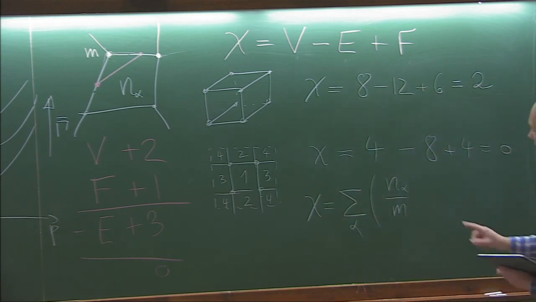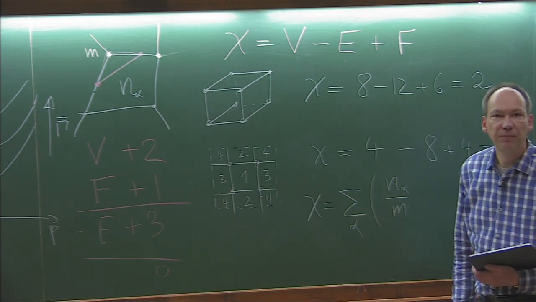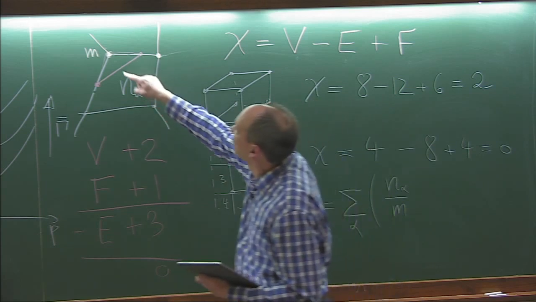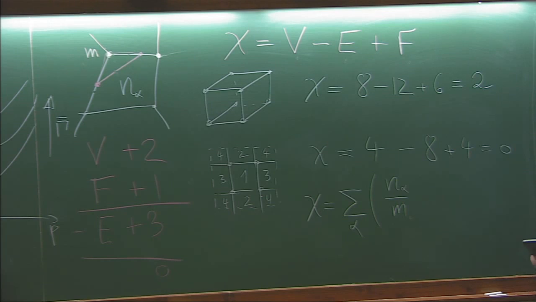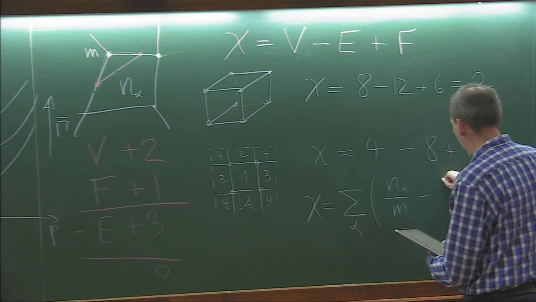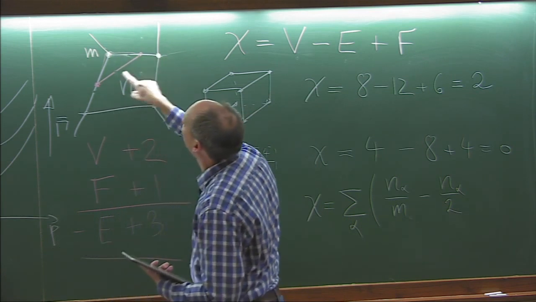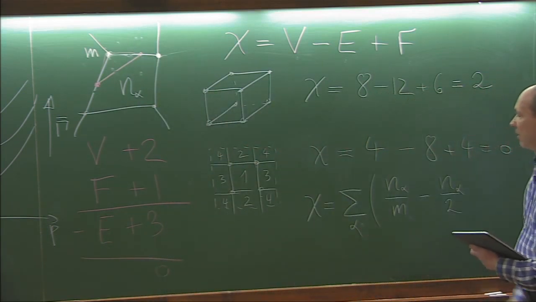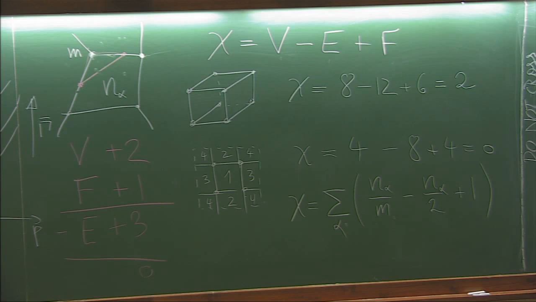And that is because for each cell, I sum over all neighbors, then I have a multiple of the number of vertices. And since I know each vertex is neighbored by m cells, I have to divide by m to count correctly the number of vertices. Similarly, if I want to count the number of edges, it's n alpha divided by 2, because each edge is shared by 2 cells. Each vertex is shared by m cells, each edge is shared by 2 cells, and then for each cell I have exactly 1 face. That's the Euler characteristic of the polygonal meshwork, which, if I make periodic boundary conditions, is 0.